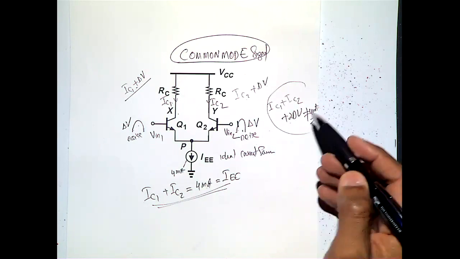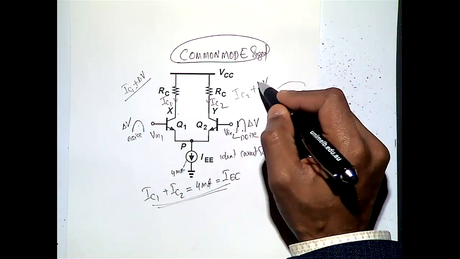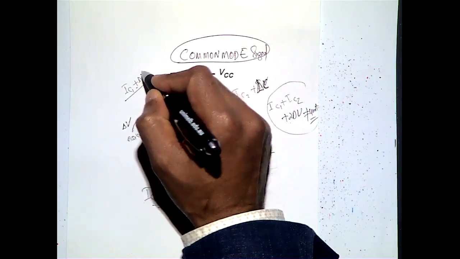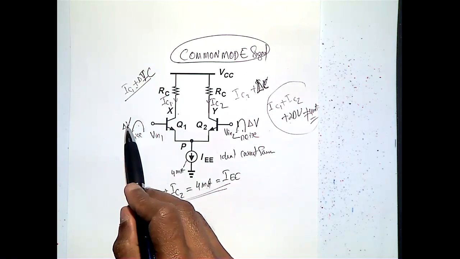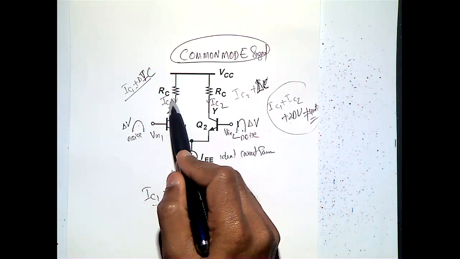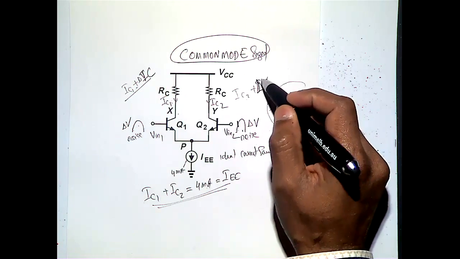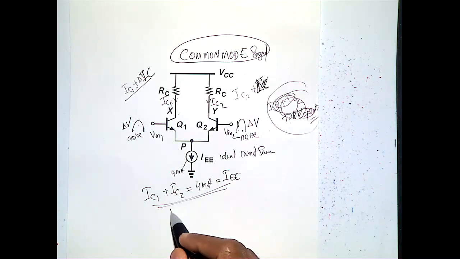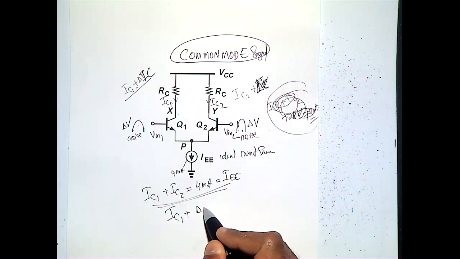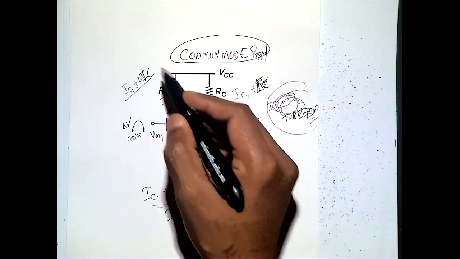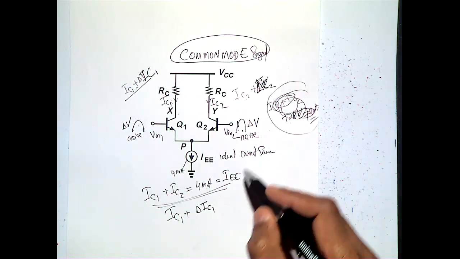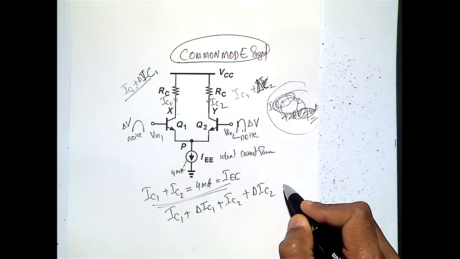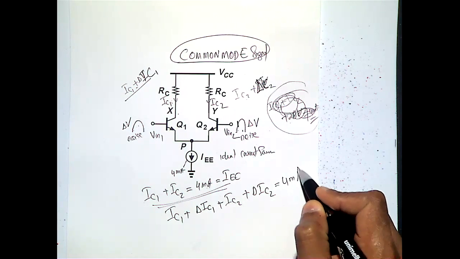So this is a delta IC, and this is also delta IC, because when delta V is changing, your current is increased by delta IC. So what you are trying to do is IC1 plus delta IC1, that is this current, and then here IC2 plus delta IC2, which is equal to 4 milliamps, which will not be equal to 4 milliamps.